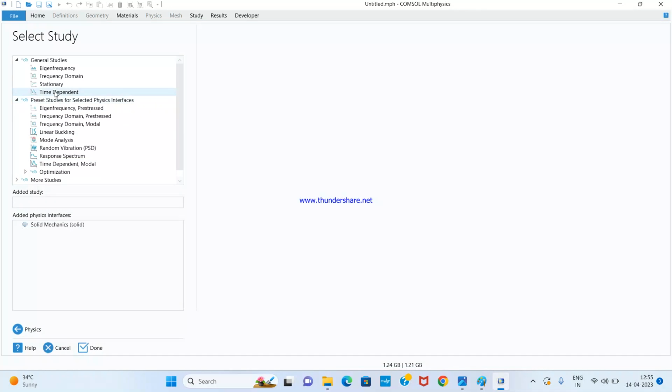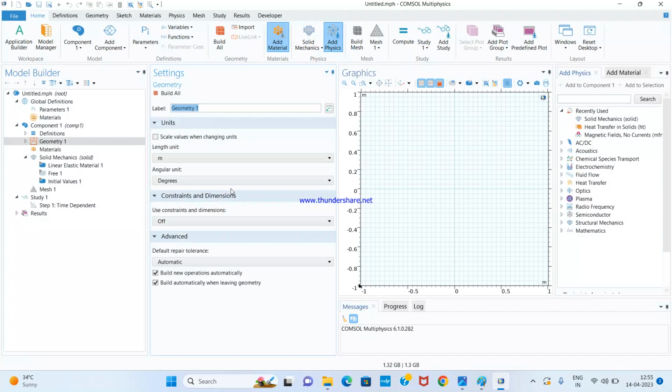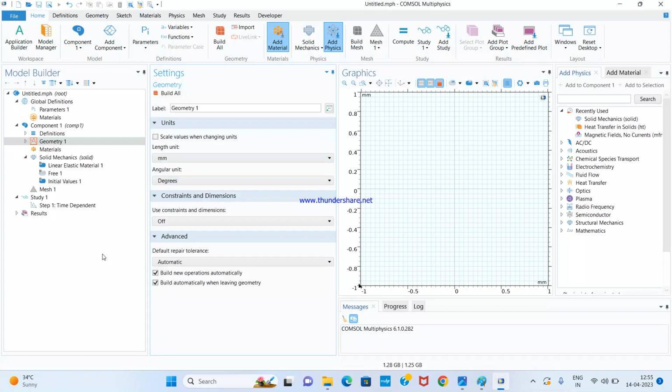Go to the study. It's a transient analysis. Here this model will be a linear elastic material. You use the linear elastic material model because we are considering all these parameters within the yield.